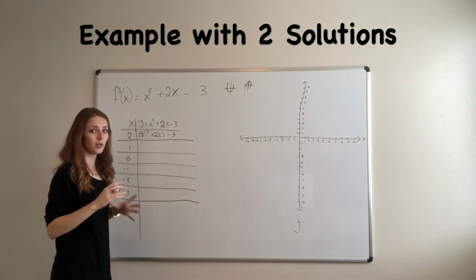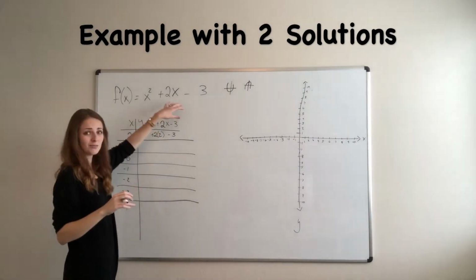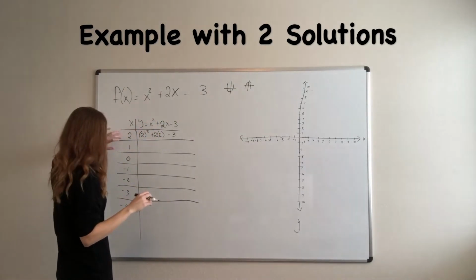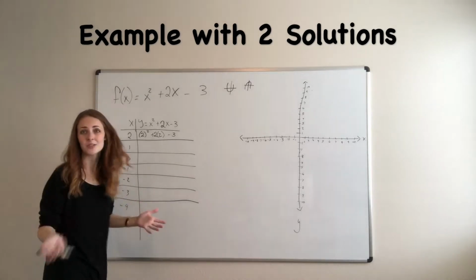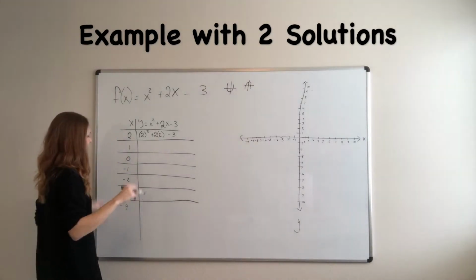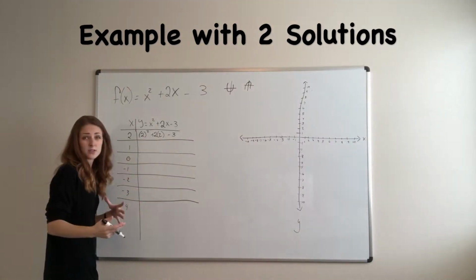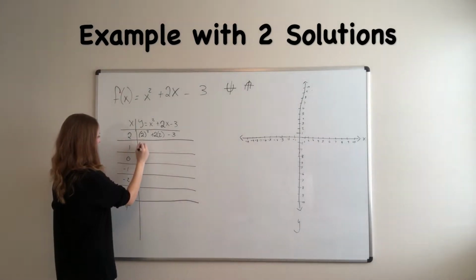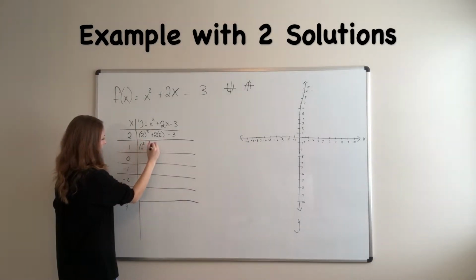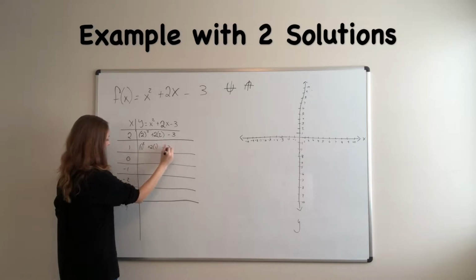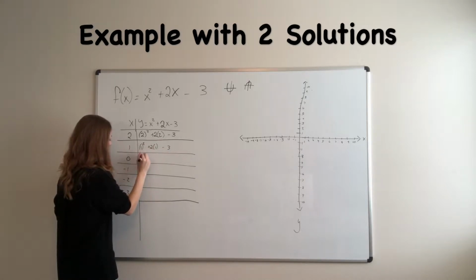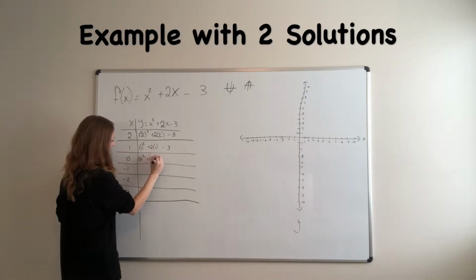So once again, all I'm doing is just taking this equation. Instead of saying x, I'm plugging in these new values for x that I've chosen. When you plug these in, make sure you put parentheses around whatever number you've chosen. Okay, so I'm just going to fill in the rest of this. 1 squared plus 2 times 1 minus 3. 0 squared plus 2 times 0 minus 3.